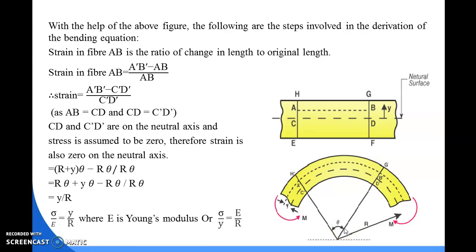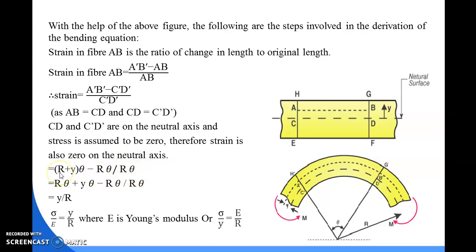Hence, the C dash D dash value is R into theta. So we can put in place of C dash D dash, R theta, and divided by C dash D dash, here also we put R theta.